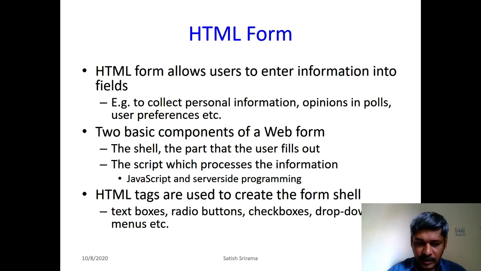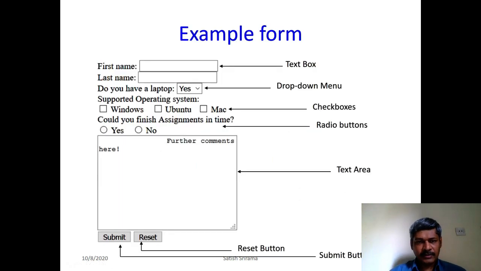Of course, we use HTML tags for creating this shell form, using text boxes, radio buttons, check boxes, drop-down menus, etc. We already have seen these things. Earlier while learning HTML, this is the form which we developed. Here I am trying to collect the opinion of all of you.